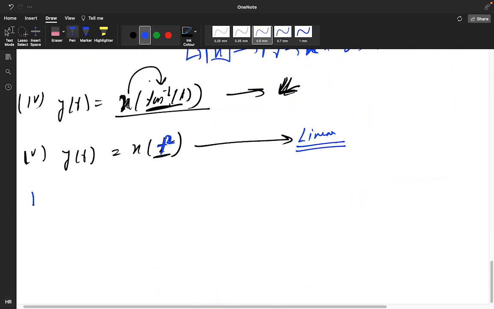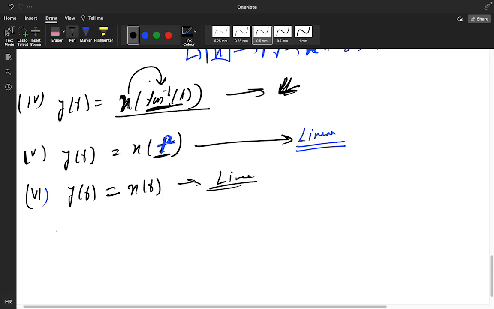And you are getting the sixth question. Write the sixth question. y of t is equal to x of t. So it is simply linear only. Apply this and get the result.